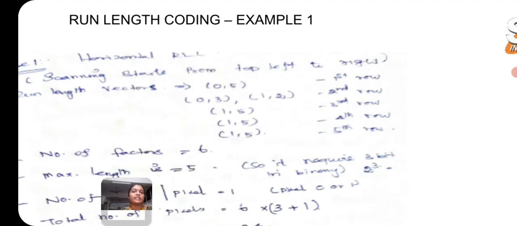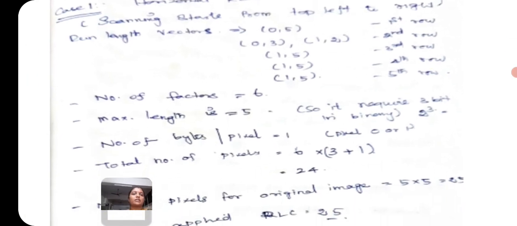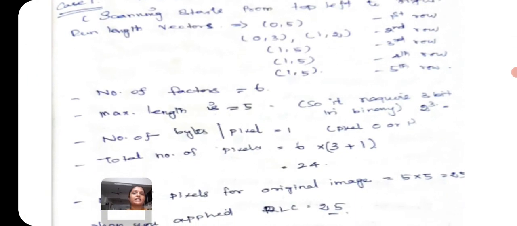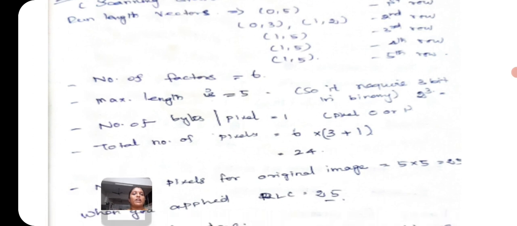In this, the number of vectors is 6, the maximum length is 5, and the number of bytes per pixel is 1, so the total is 6 into 3 plus 1, that is 24. The number of pixels in the original image is 5 into 5, that is 25.